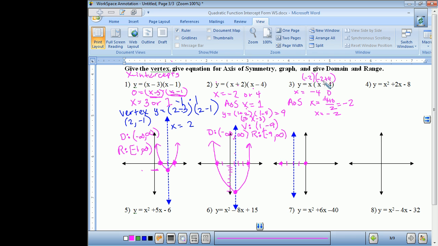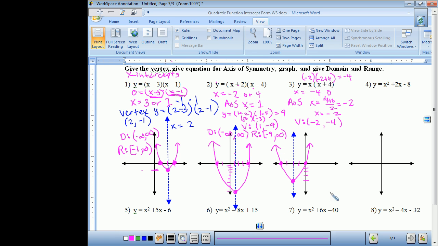Well, that's -2 times +2, and -2 times +2 tells me my vertex is at -2, -4. This gives me -4. And you can plug that straight into your calculator if you like. So -2, -4. So I'm going to come down here on that axis of symmetry, down here to -4, and plot the vertex, and then make my curve.